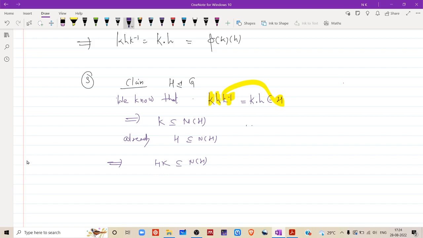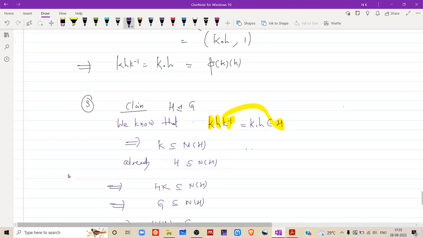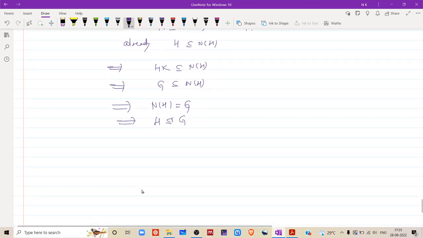So HK, that is G, so G is contained in the normalizer of H, so that means the normalizer of H is equal to G, because G is a subset of the normalizer of H, but G is the group, so it must be equal to the normalizer of H. So that means the normalizer of H equals G, and that means H is normal in G, right? Okay, so hence H is normal in G. So that was the final part of the theorem.